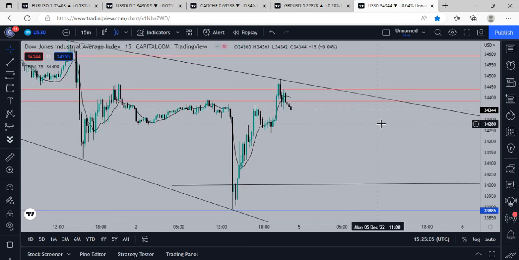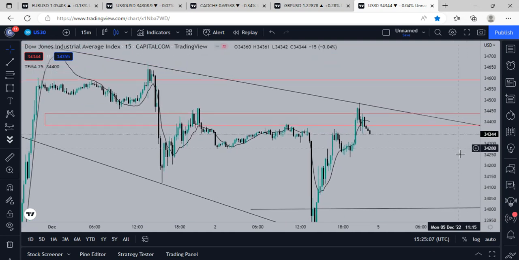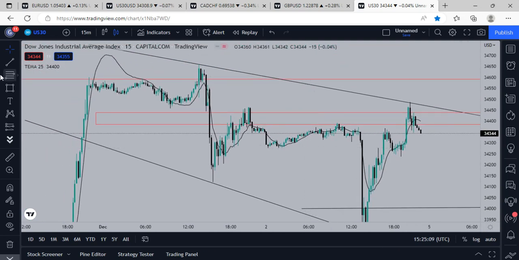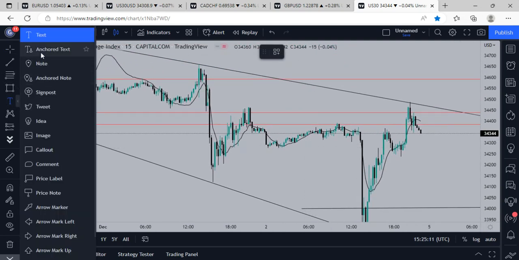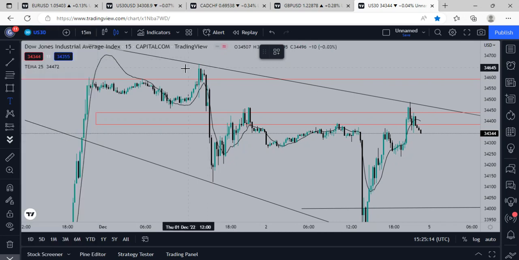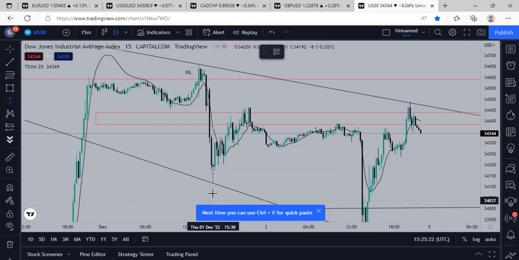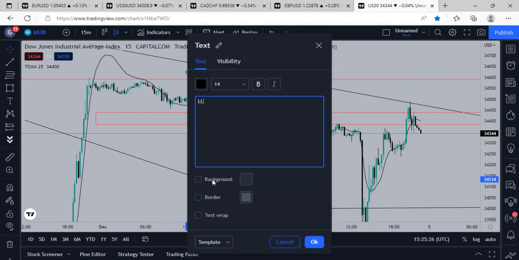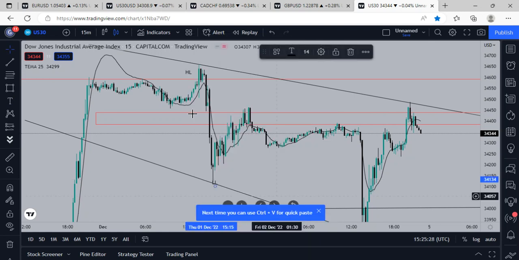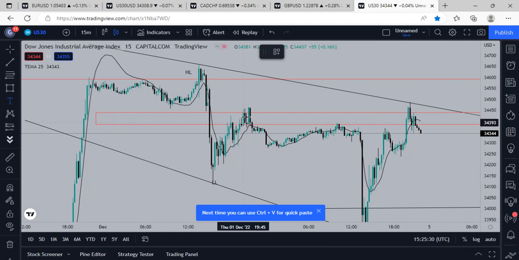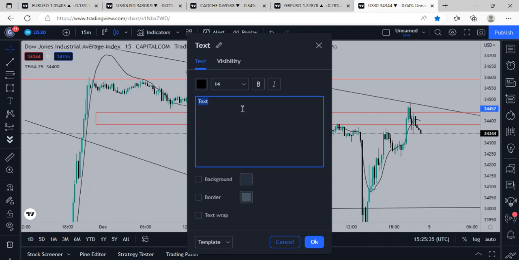Yeah, that's what I'll be expecting on US30. All right. I'll set this as my higher low. Now this will be my lower high. This is gonna be my lower low. Okay.